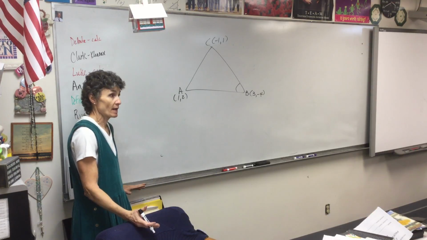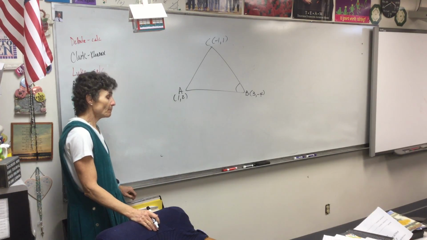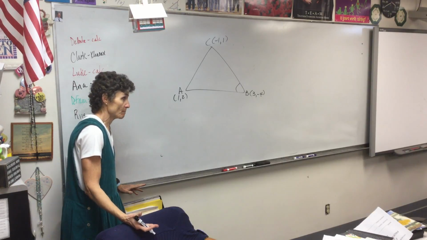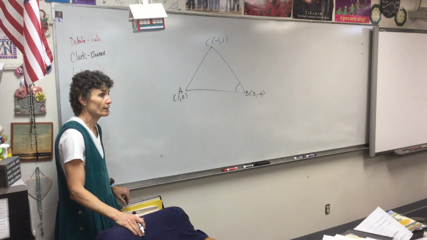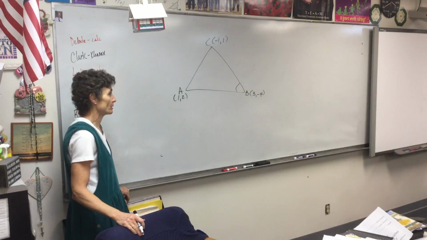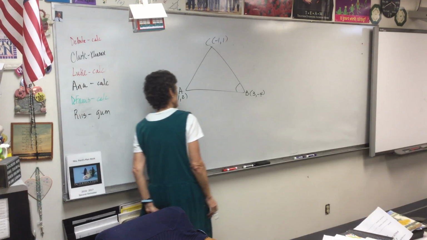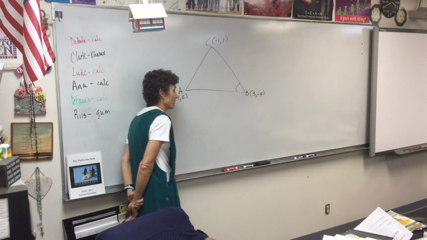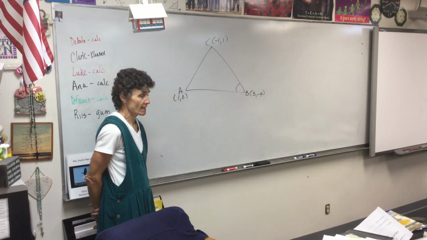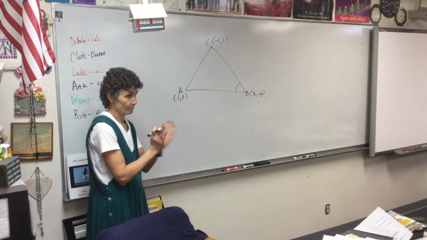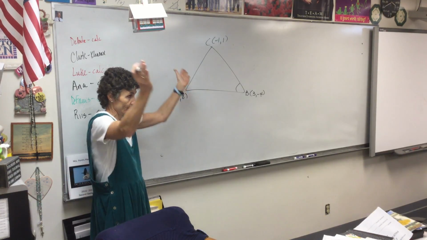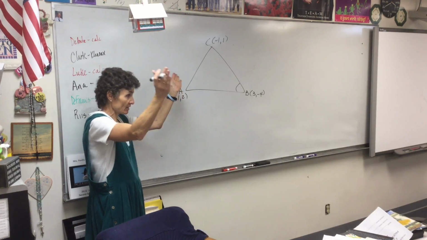So like the law of cosines would be an option. I'm going to go ahead and do it using vectors because that's the chapter that we're talking about, but you don't have to do it this way. If I do this problem using vectors, what is the first thing I need to do? Get the vectors.